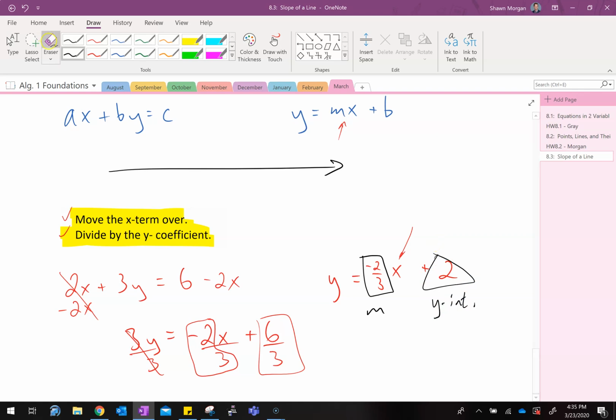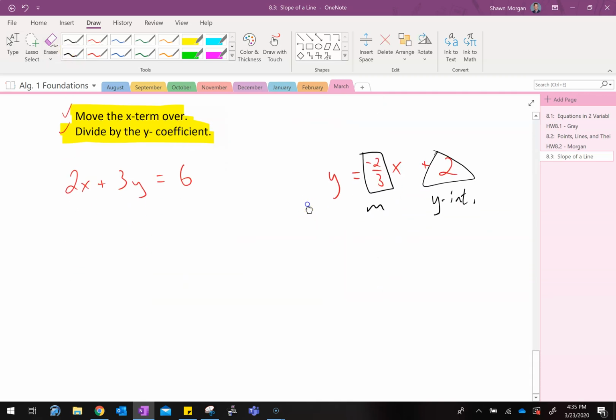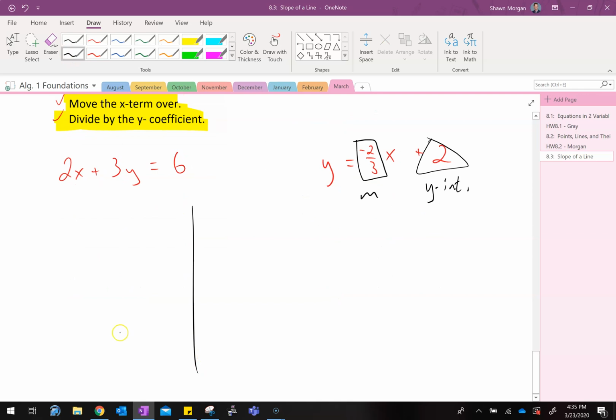So the whole point to getting y by itself in this example, although I'm not opposed to looking at an equation in standard form, is that I get a lot more helpful information from slope-intercept form, so that if I wanted to, let's say, graph this out, I could easily do that. It's got a y-intercept of 2, so I could put that right there on my y-axis.